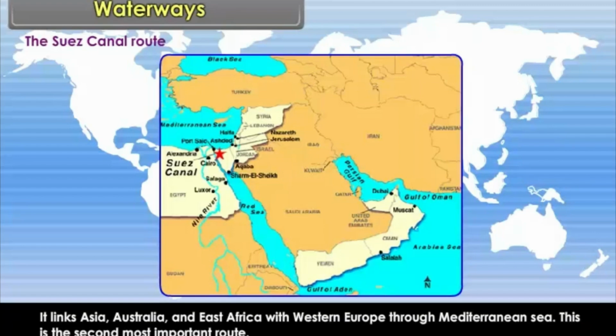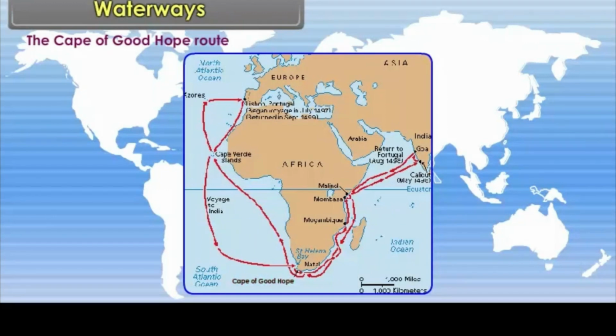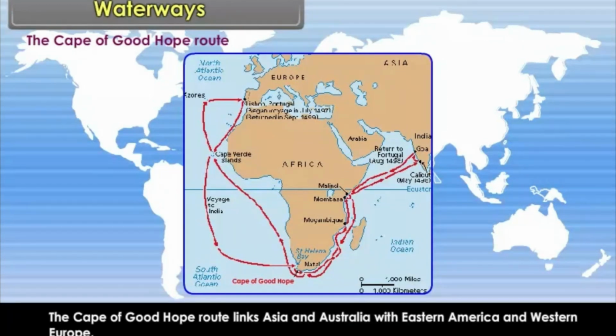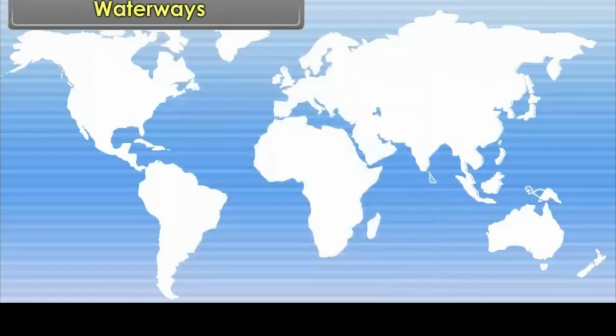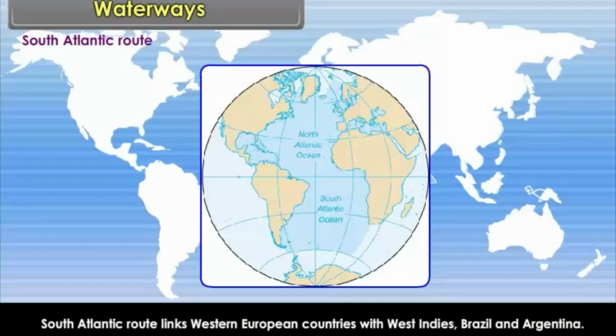This is the second most important route. The Cape of Good Hope route. The Cape of Good Hope route links Asia and Australia with Eastern America and Western Europe. South Atlantic route. South Atlantic route links Western European countries with West Indies, Brazil and Argentina.